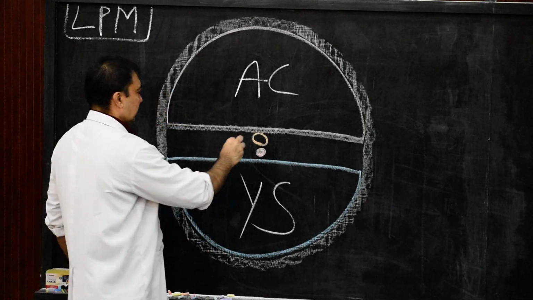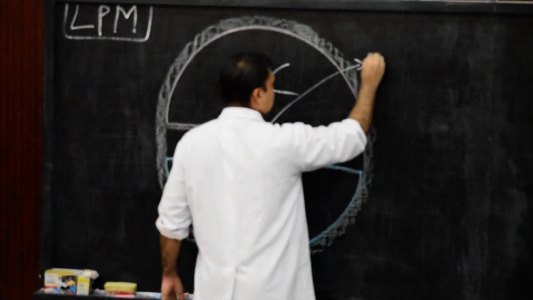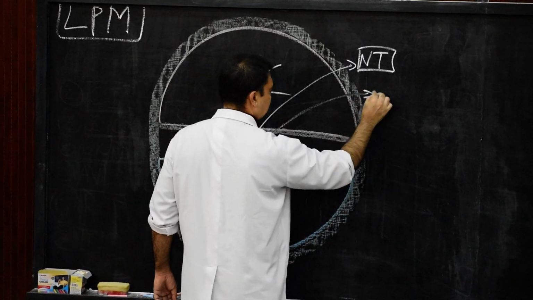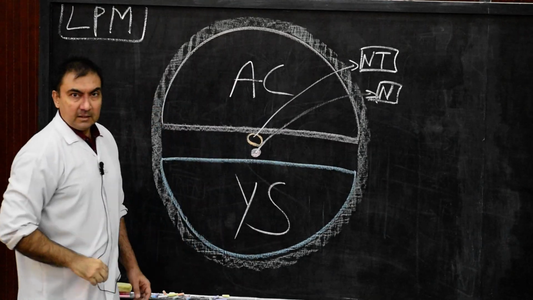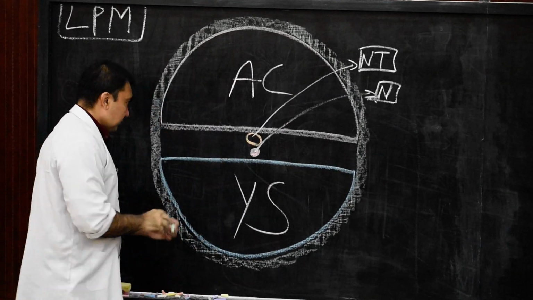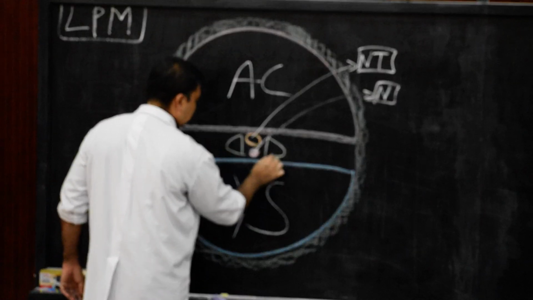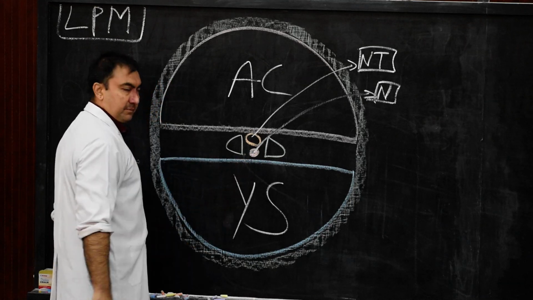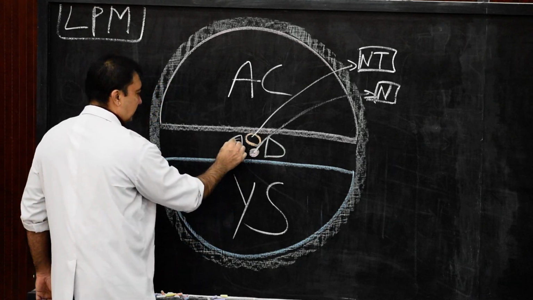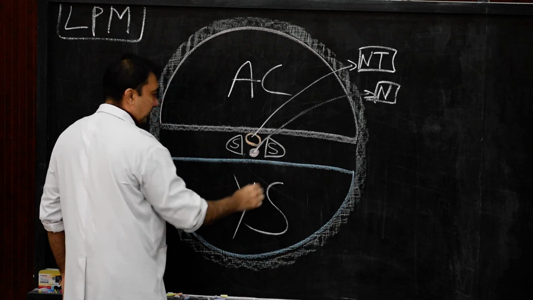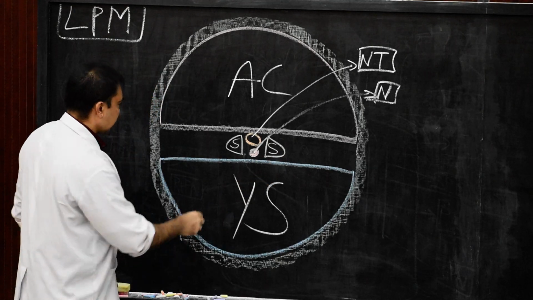And also you can mark down these structures, the neural tube, and here we are going to mark this as the notochord. Then on either side we are going to show what we have discussed yesterday. This was the paraaxial mesoderm, somites. So I am going to write here somites, that is paraaxial mesoderm, that already we have discussed yesterday.